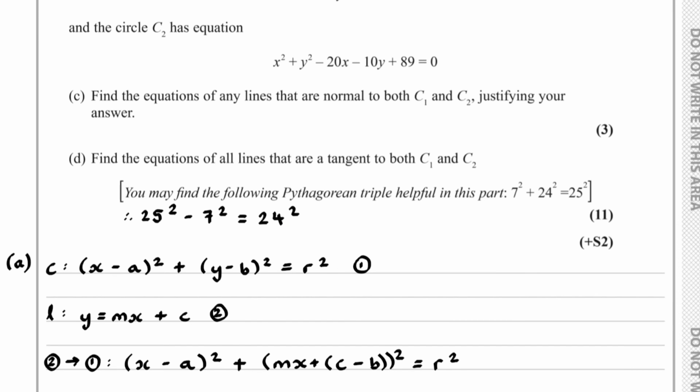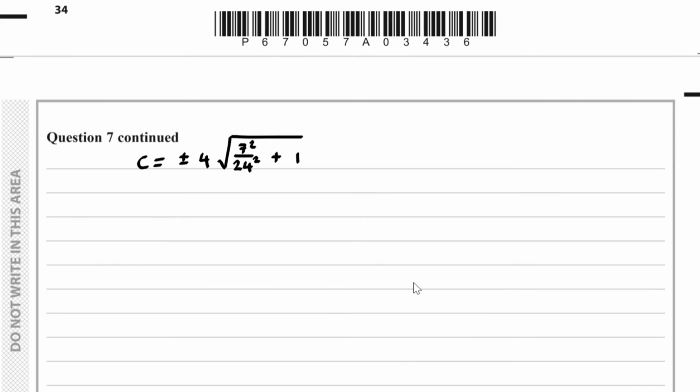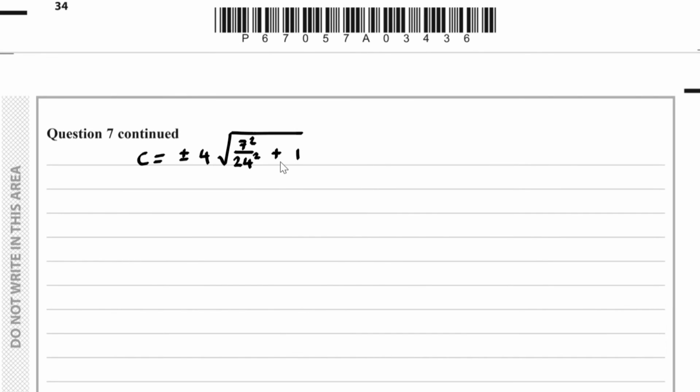And the reason I want to do that is because I can now write this with a common denominator of 24. So I've got c equals plus minus 4.